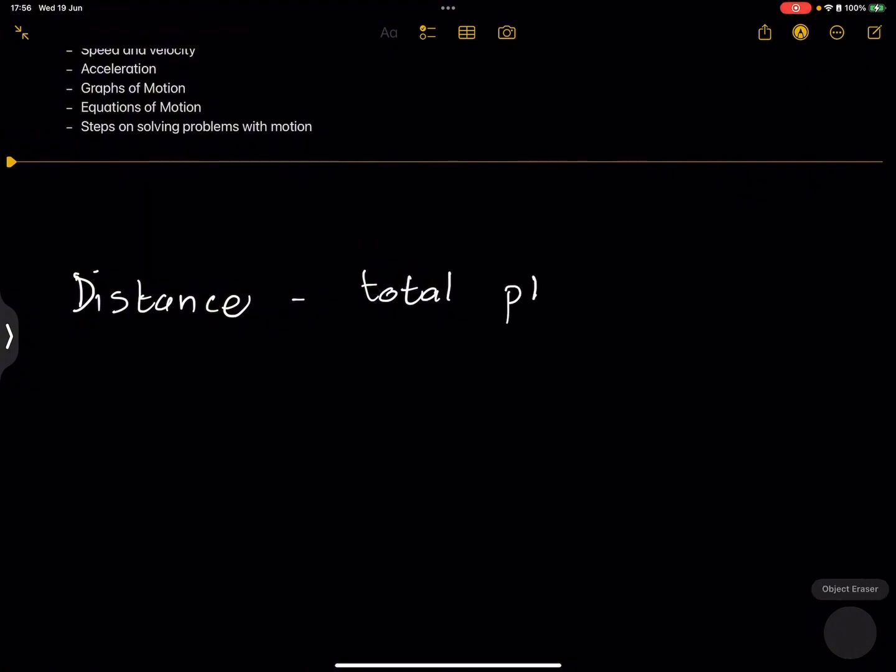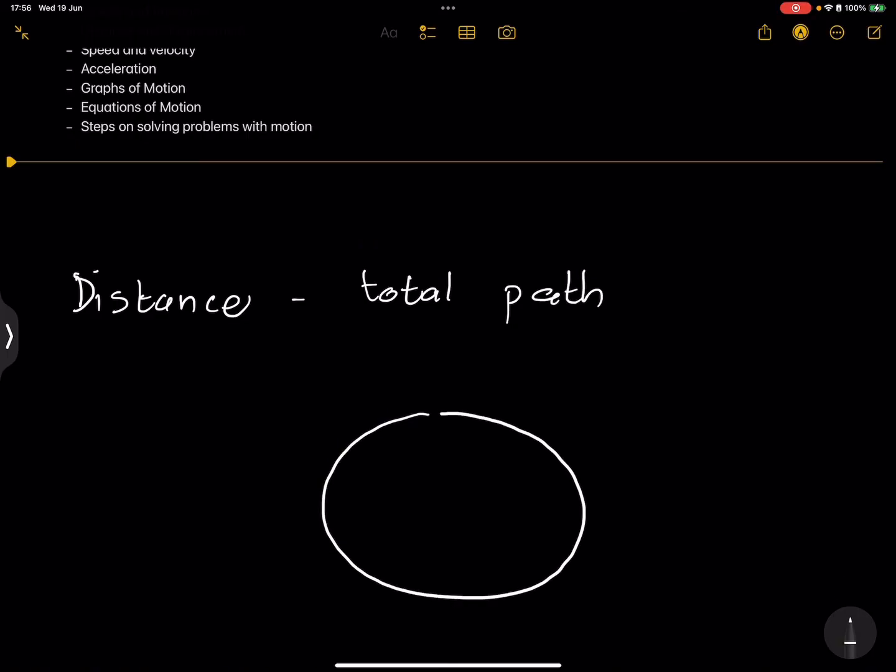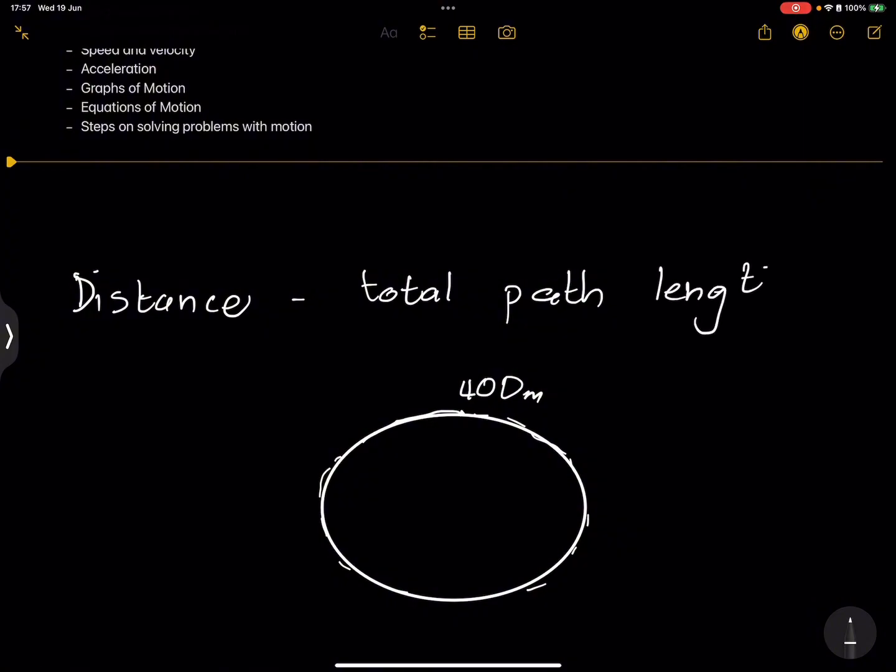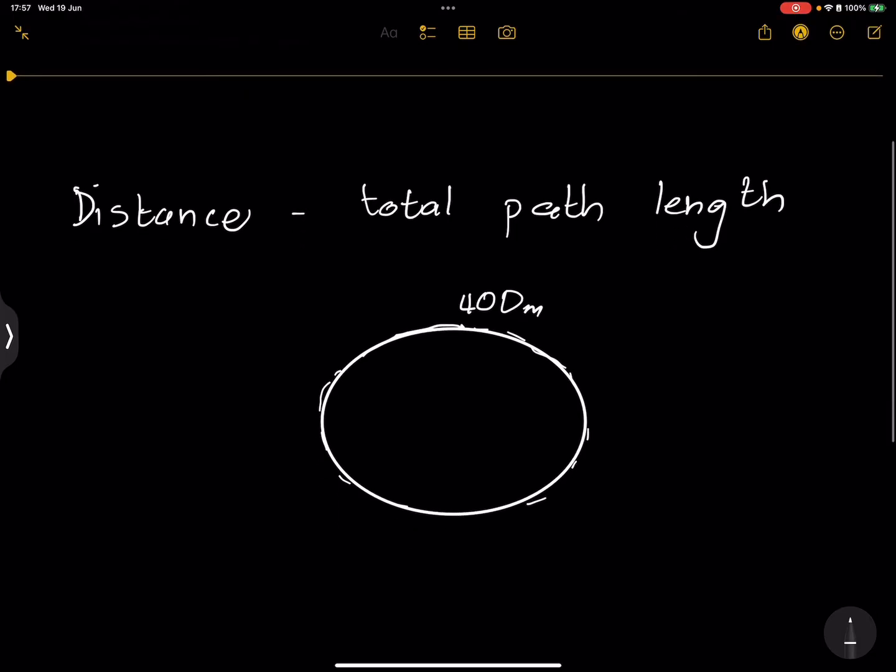So if I go around in a circle, say a yard, or a soccer field or whatever it may be, a circular field, going around in that field, if I say it's 400 meters long, that's the total path length that I would have traveled. That is what I refer to as distance. So that is the distance.